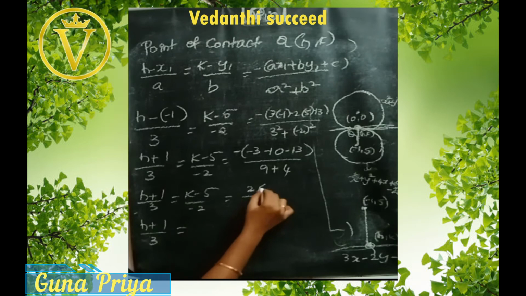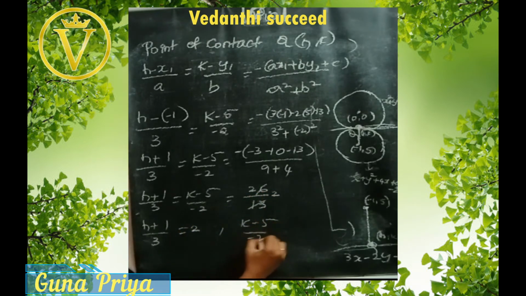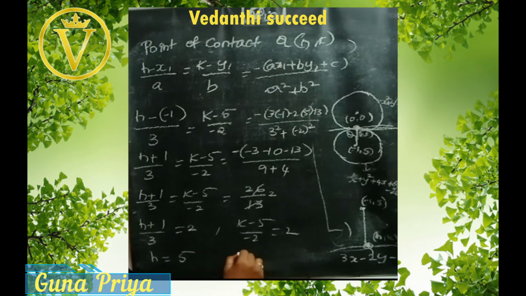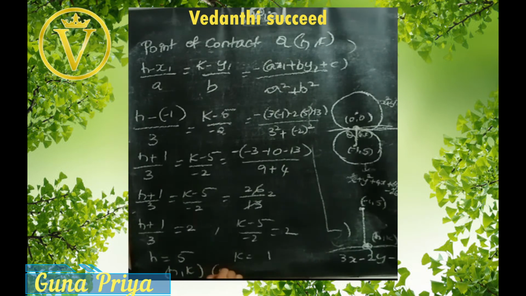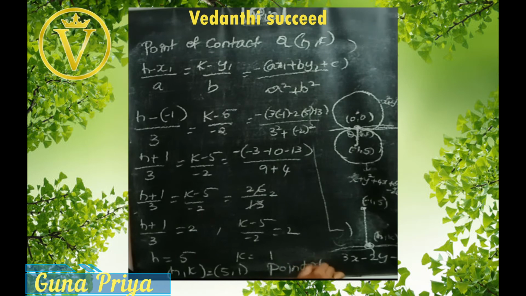That is nothing but 2, right? So solve this, then you will get 6k equals 2 twos are minus 4. If it goes that side, minus 4, minus 5 means minus 4 plus 5, that equals 1. Then (h, k) equals (5, 1). That is the point of contact.